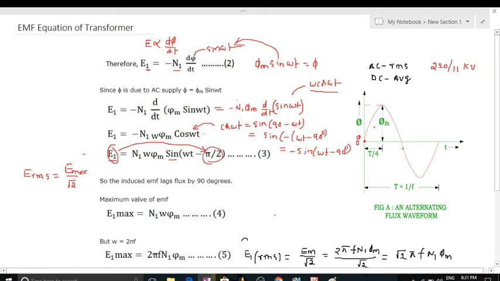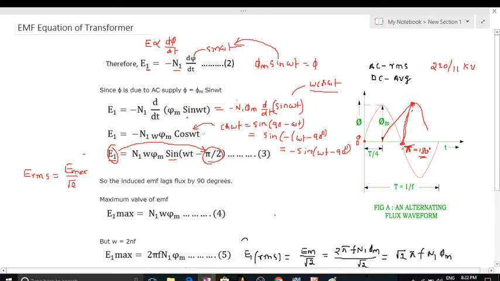The induced EMF becomes maximum at π, that is 180 degrees. I drew it roughly, but if you draw with exact measurements, the induced EMF is definitely maximum at 180 degrees.